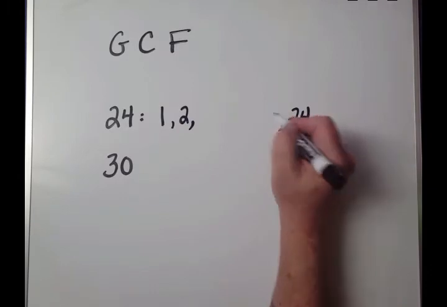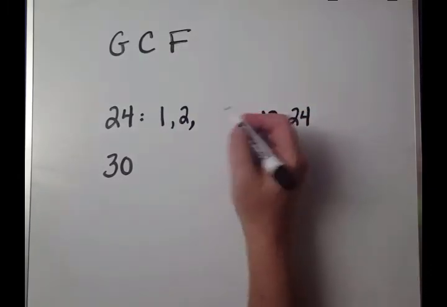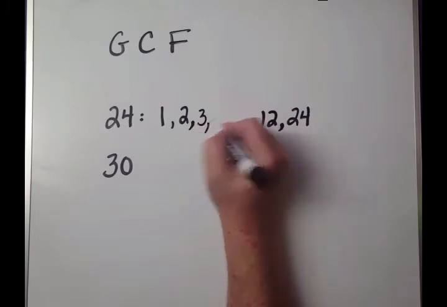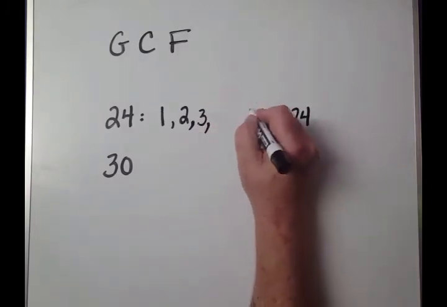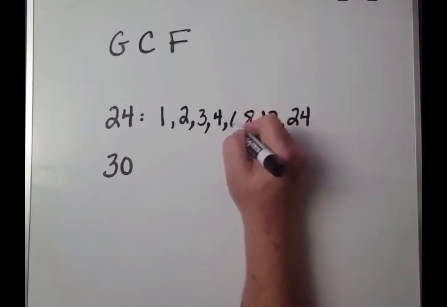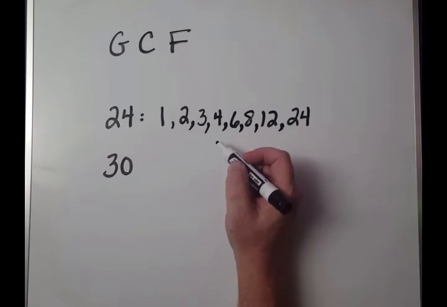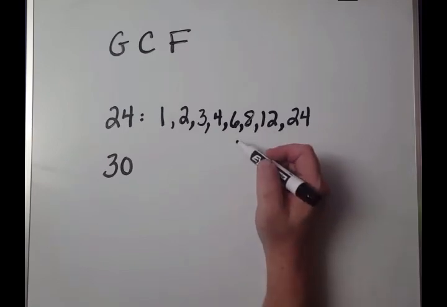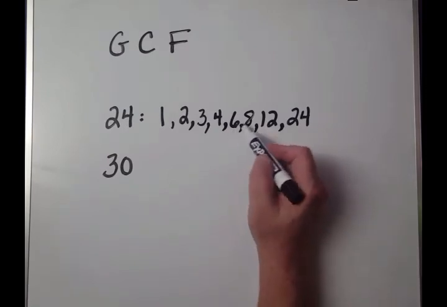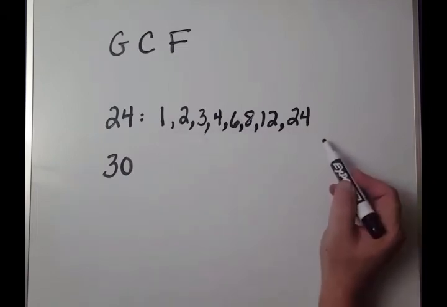Yes, 12 times, so there's another factor pair. Will 3 go into 24? Yes, 8 times. Does 4 go into 24? Yes, 6 times. Does 5 go into 24? No. Does 6 go into 24? Yes, but we've already discovered that. It's already in my list. And so we found all of the positive integer factors of 24.